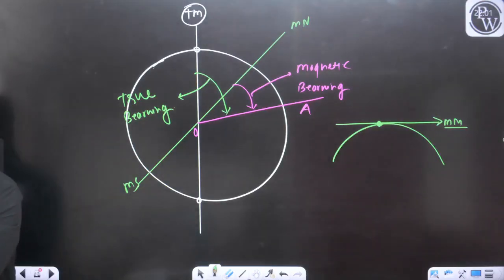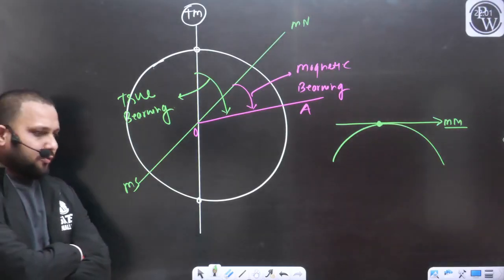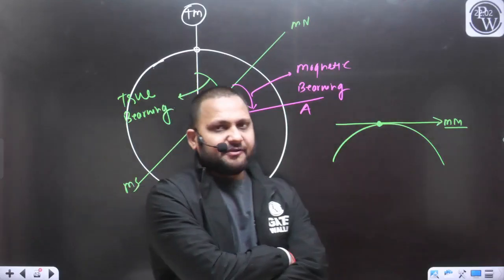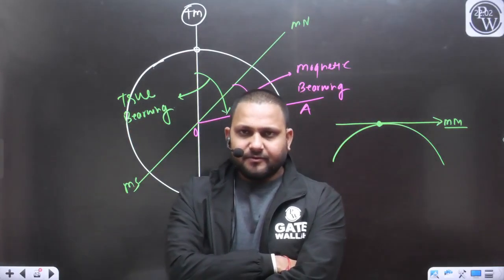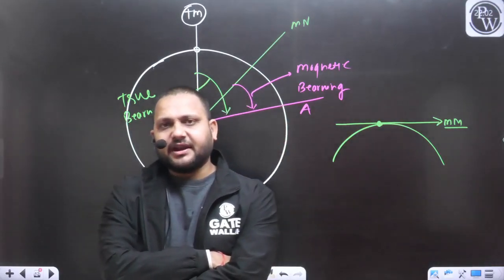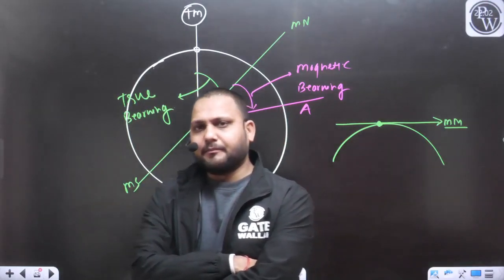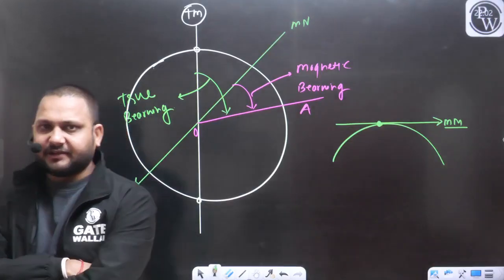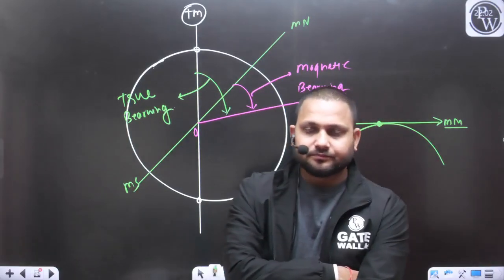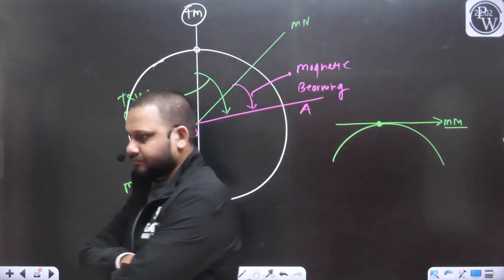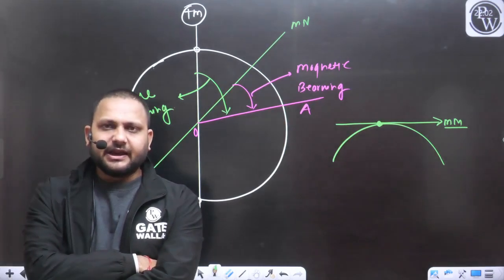True bearing is the horizontal angle that we are measuring with reference to the true meridian. For measuring the true bearing, we are considering the reference as the true meridian. For measuring the magnetic bearing, we are taking the reference as the magnetic meridian. Bearings means horizontal angle.